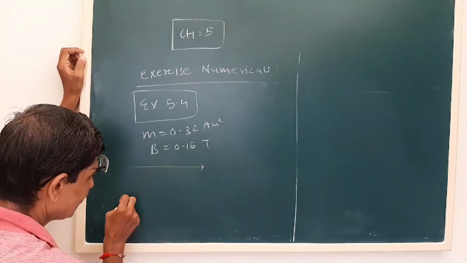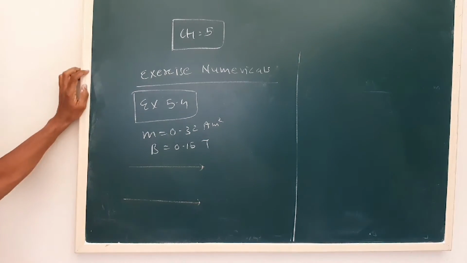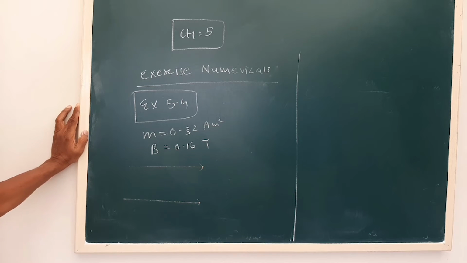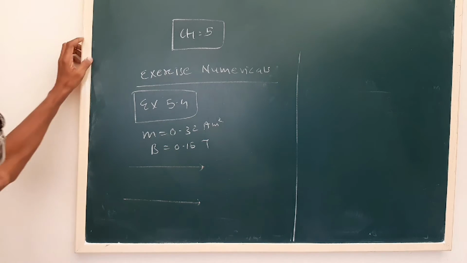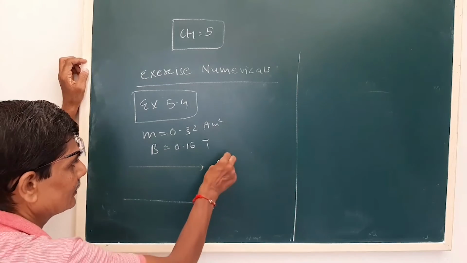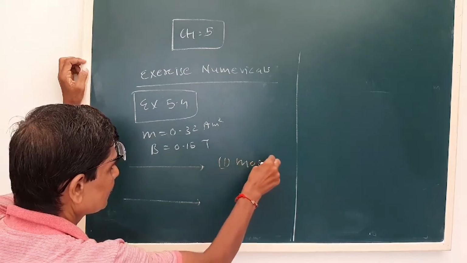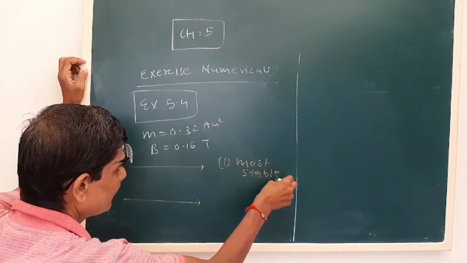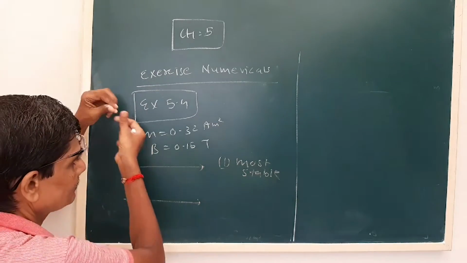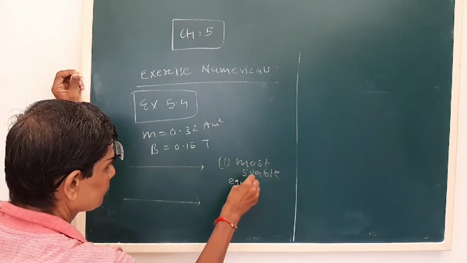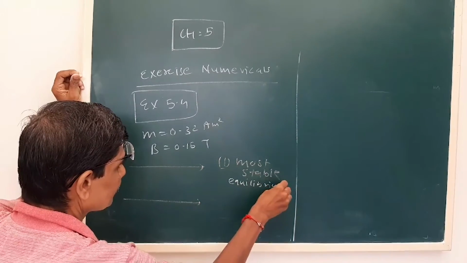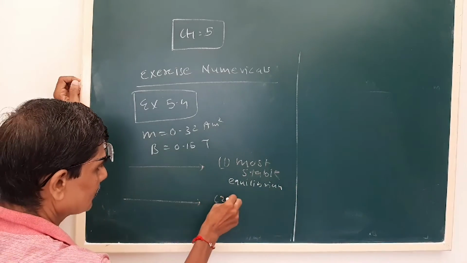Okay, it is placed in such a way it can freely rotate. Now two things we have to calculate. First, its potential energy in most stable condition or most stable equilibrium. Okay, and second is the most unstable.